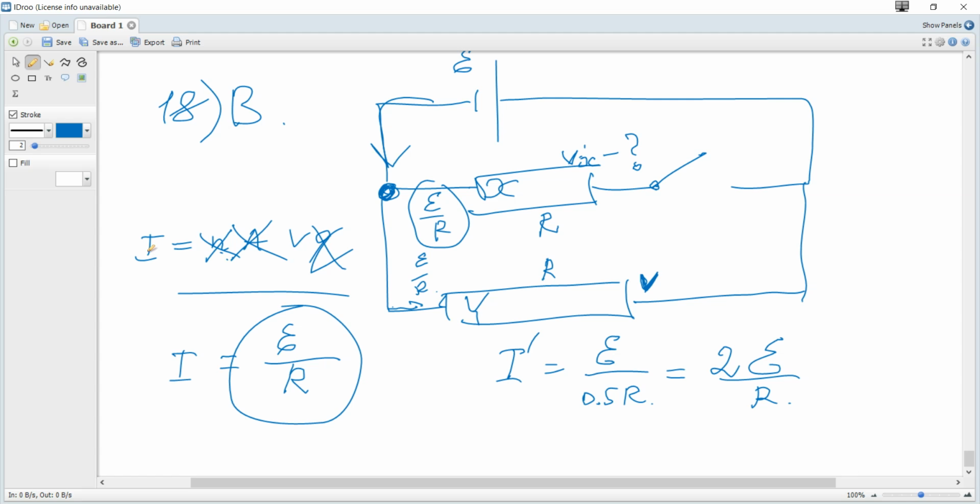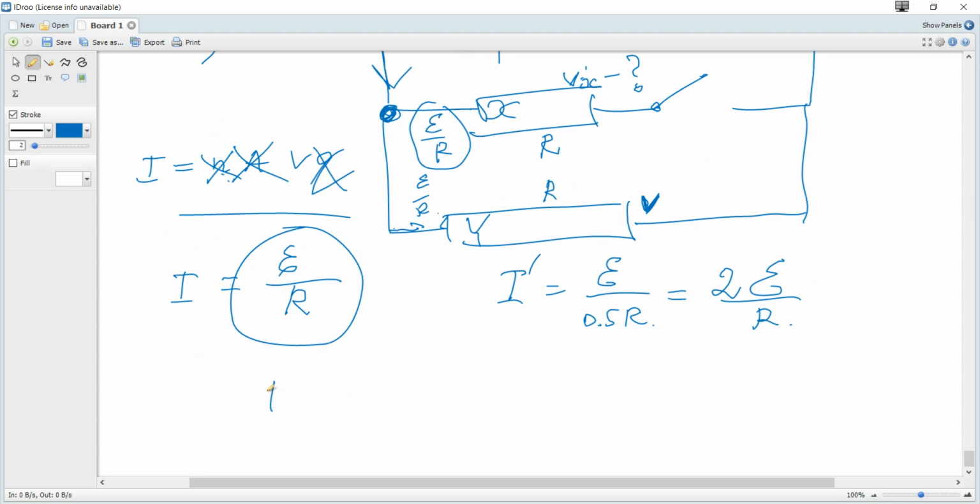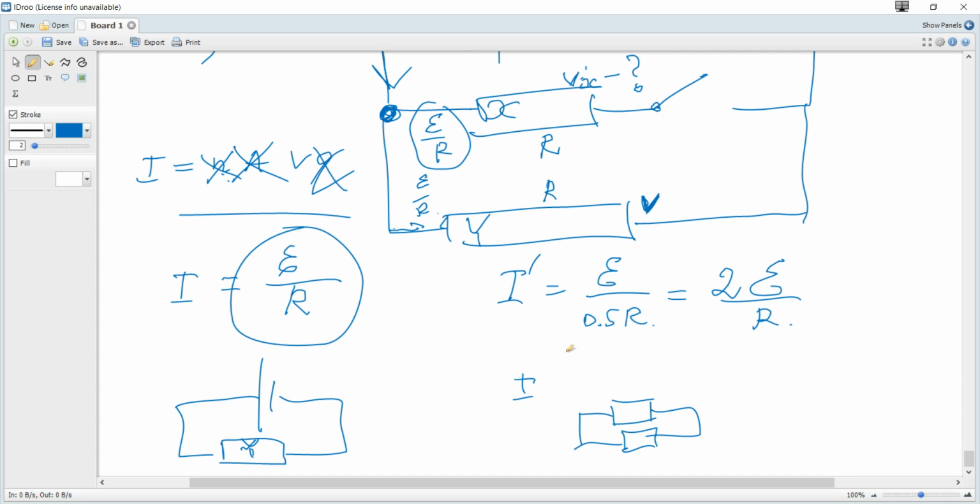V is proportional to the current, but the current must be through the considered resistor. The formula EMF over total resistance gives the current in the circuit, but initially there was only Y, so the total current in the circuit was also the current through Y. But now there are two resistors, and when we find current as EMF over total resistance, we find the current in the circuit, through the battery and up to this point.